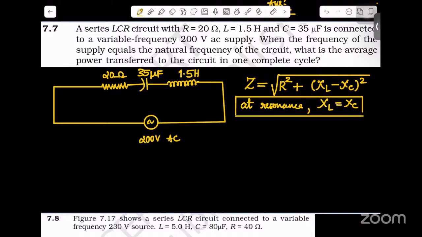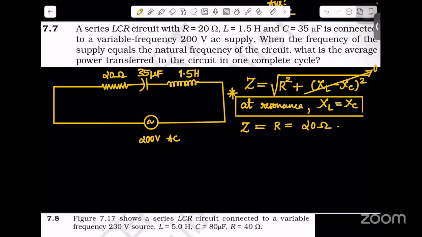So this is a concept you should remember. So this term will end up being 0. So you'll have the impedance as this R, right? Which is 20 ohms.